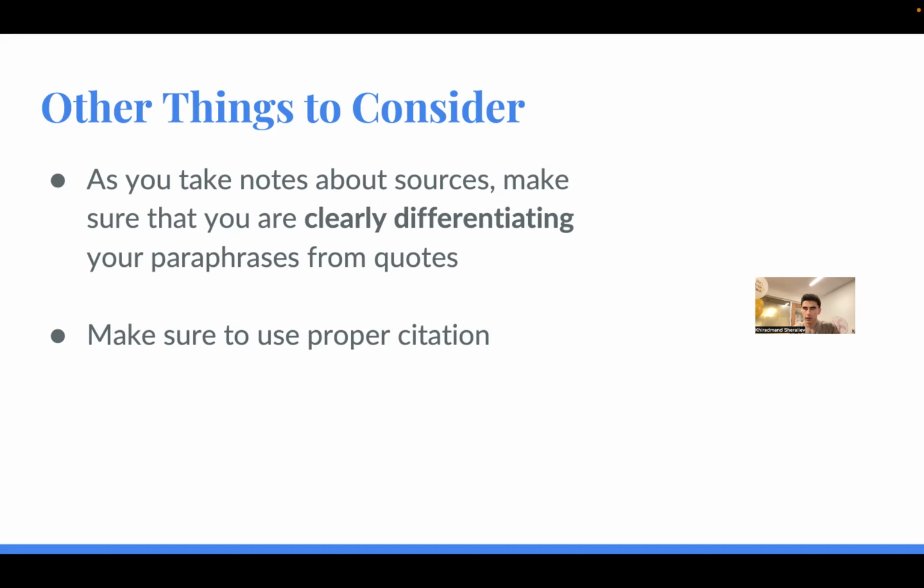So when you read the sources about your topic, make it clear which are the quotes that you write and which are the paraphrases that you make. And then you need to make sure that you use proper citation, and you should be consistent with one style, right? If you are using APA, then you need to stick with APA throughout your project. Or MLA, Chicago.